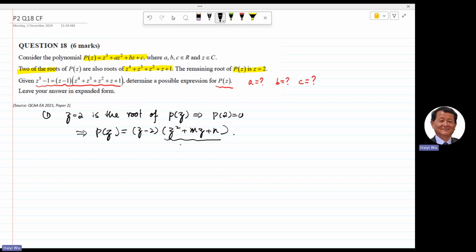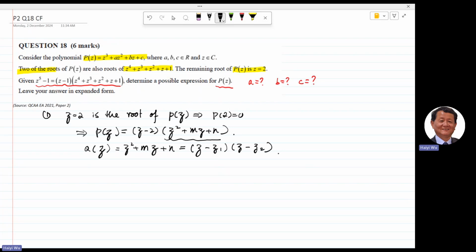If I call this Q(z) equals z squared plus mz plus n, we say there are two roots, so we're assuming it factors as (z minus z1)(z minus z2).